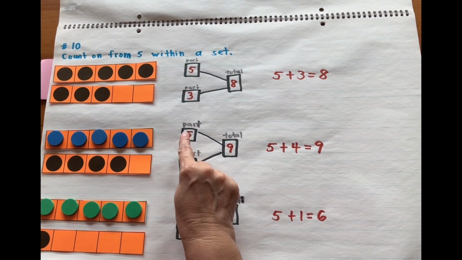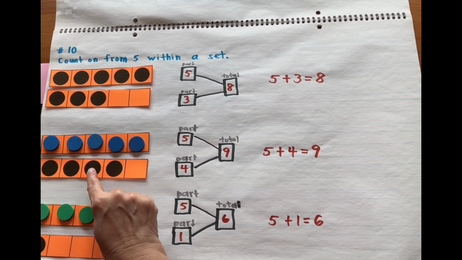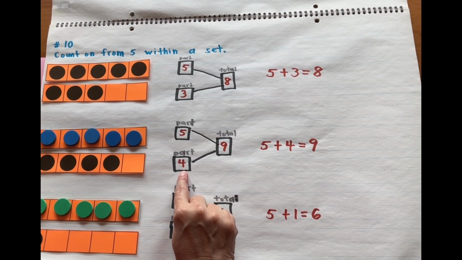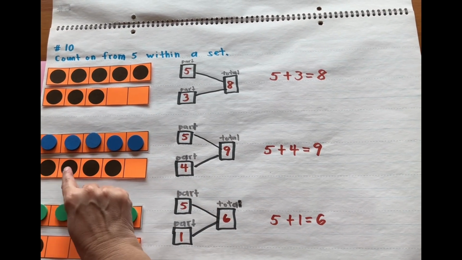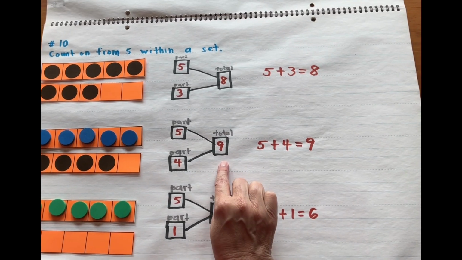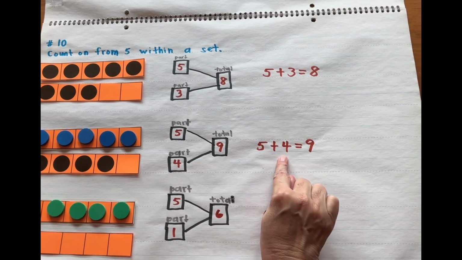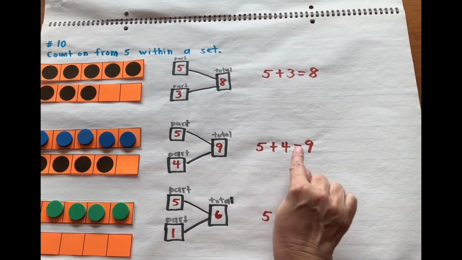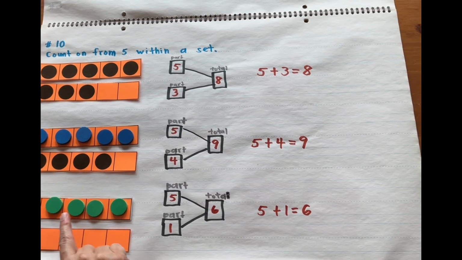Here's part 5. 1, 2, 3, 4. Part 4. 5, 6, 7, 8, 9. Total 9. Part 5 plus part 4 equals total 9. Identify the part 5.